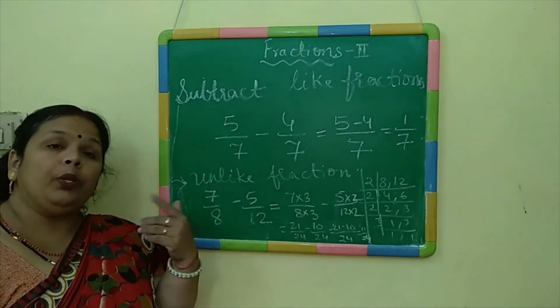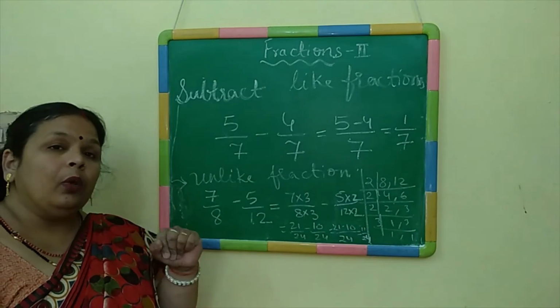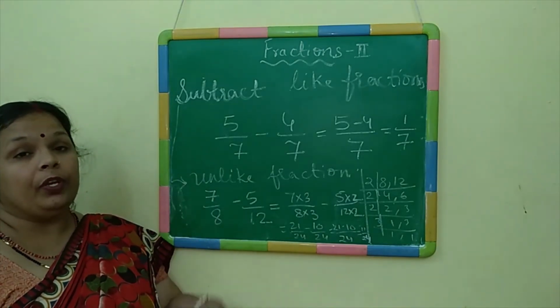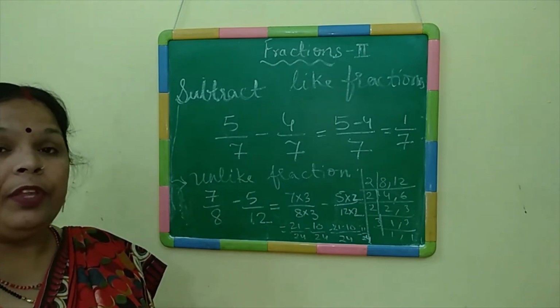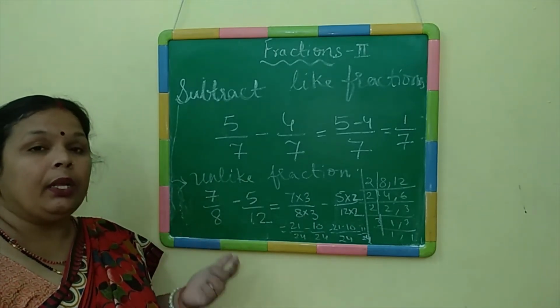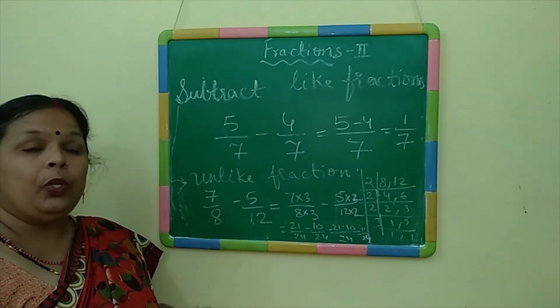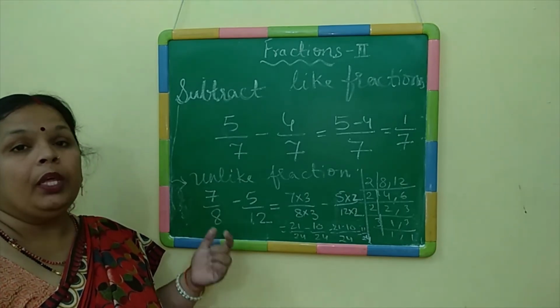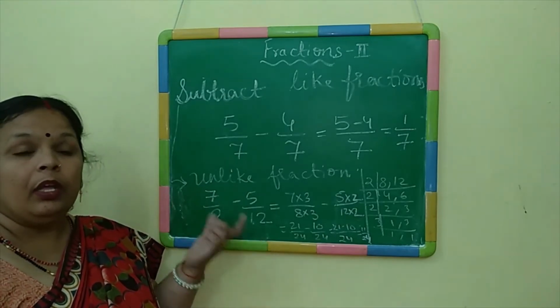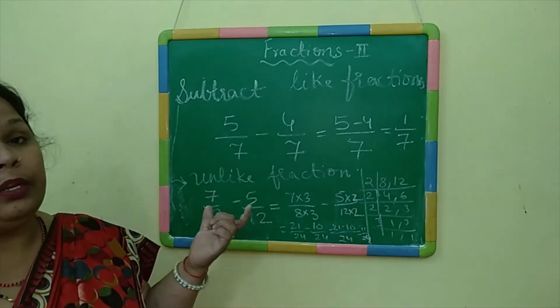Now what will you do if the questions are with mixed numbers? In my previous video, I explained that if there are mixed numbers, you need to make them improper. When you make them improper, then you need to compare the denominators.